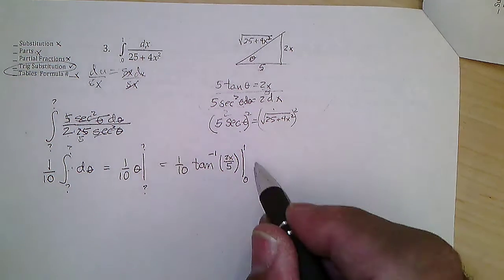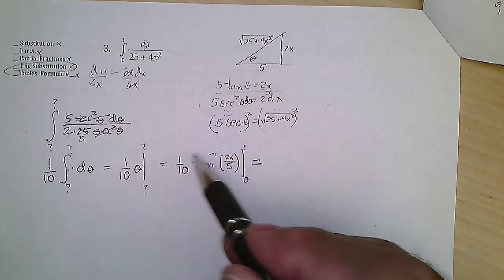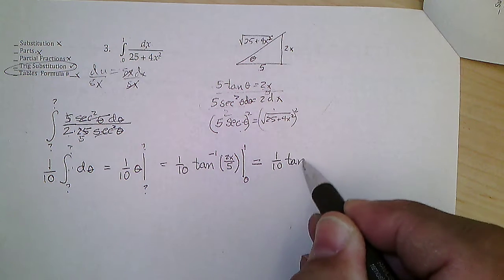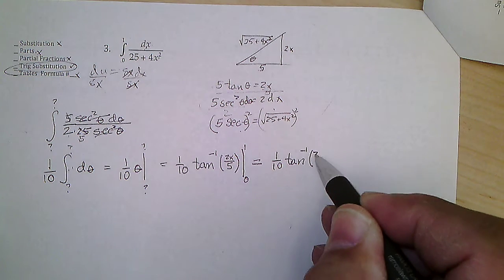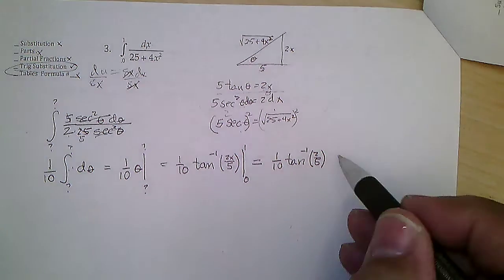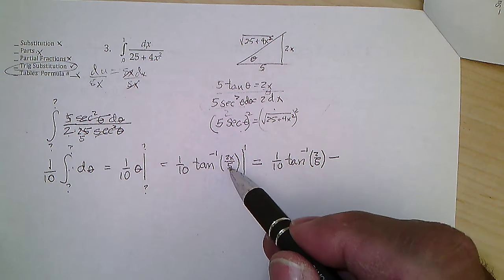And so I get, with 1 in here, 1/10 tangent inverse of 2/5, minus, and if I put in 0, I get 0.